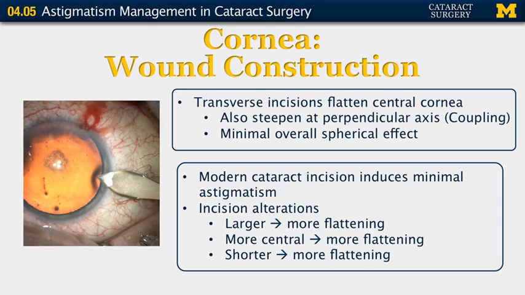Now, in modern cataract surgery, the incisions that we do tend to induce minimal astigmatism, but you can alter the way that you make your incision to cause more changes to the corneal curvature. Making a larger incision will lead to more flattening. Making your incision more central also can lead to more flattening. And making a shorter tunnel, so a shorter incision into the eye itself, can lead to more flattening. And you can make these alterations as needed on a patient-per-patient basis.